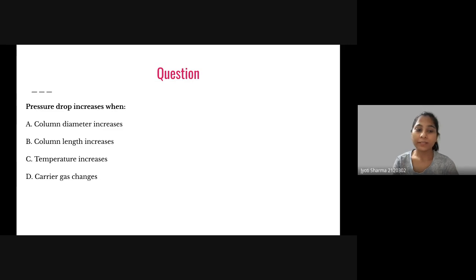Pressure drop increases when column diameter increases, column length increases, pressure increases, or carrier gas changes. How can the pressure drop increase?